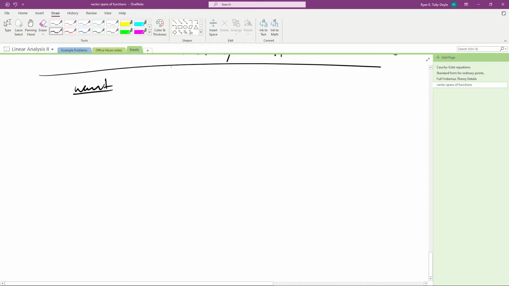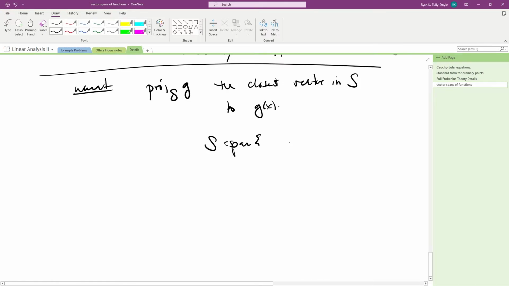Suppose that what we really wanted was that the projection onto some space S for a function g, whatever that is, we want that to be the closest vector in S to g. And S is going to be the span of some nice set of functions.